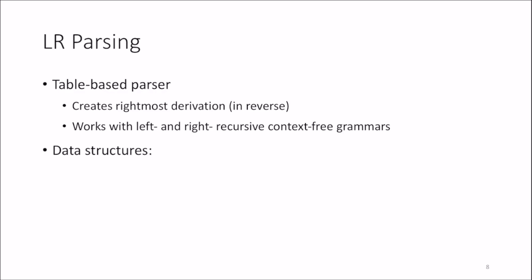The data structures that LR parsing uses, again, are common for all the LR parsing algorithms, but in this video lecture, we're going to focus on the LR0 parsing algorithm. The data structure it uses is a stack. As we all know, we need a stack in order to do parsing for context-free grammars. It's a stack that will push states.